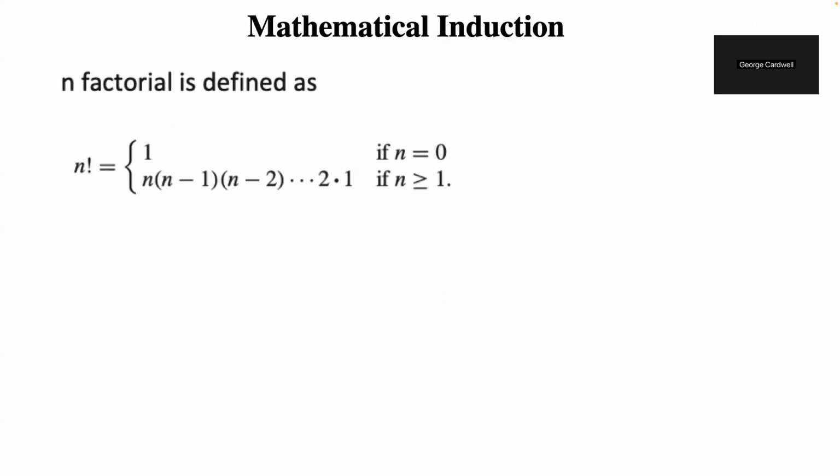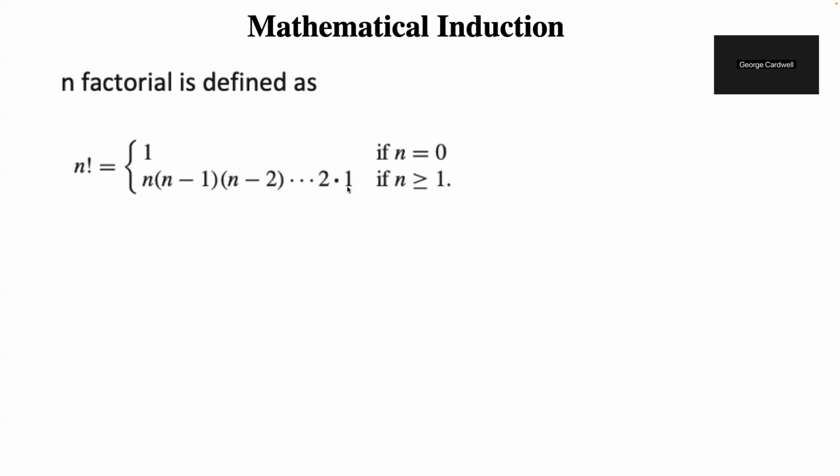Next thing we're going to look at involves n factorial. So n factorial is a function. You plug in a value n. If n is equal to 0, then you get a 1 as an answer. If n is greater than or equal to 1, the answer is you take whatever n you put in there, you multiply it by the next number below it, then you multiply by the next number below that, and you go all the way down to 1.